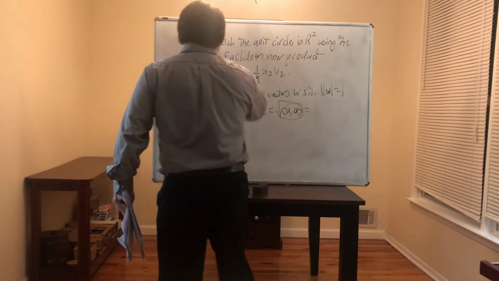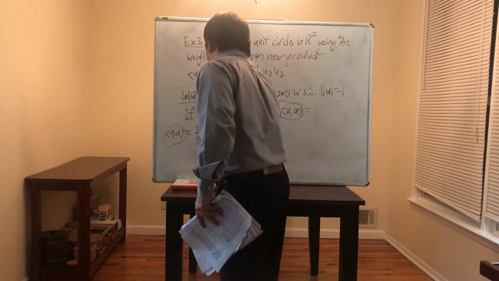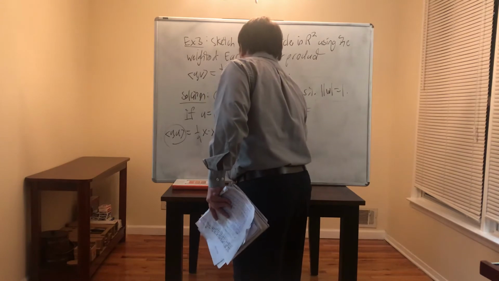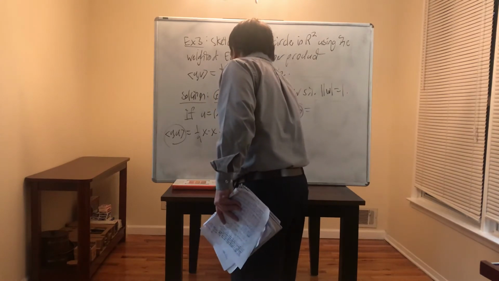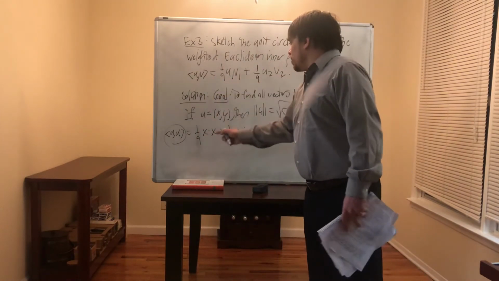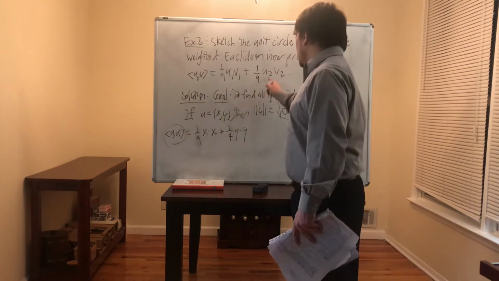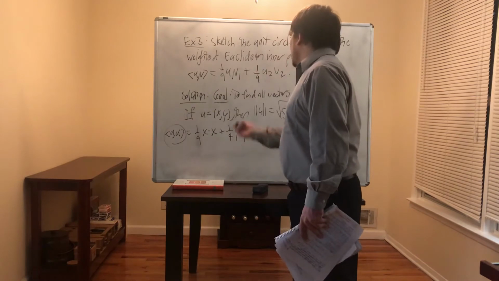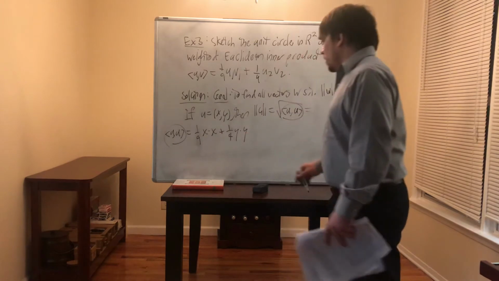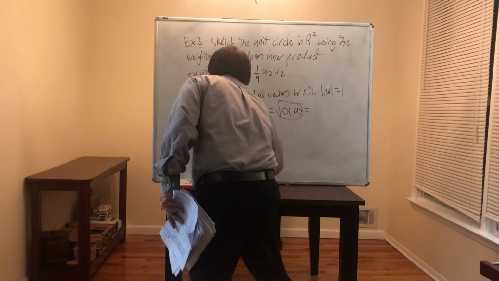Okay, so the inner product of U with itself, defined here, is 1/9 X times X plus 1/4 Y times Y. So 1/9 times the first component of U, which is X, times the first component of the next vector, also U, which is X, plus 1/4 times the second component of U, which is Y, times the second component of U, which is Y. So you get 1/9 X squared plus 1/4 Y squared.